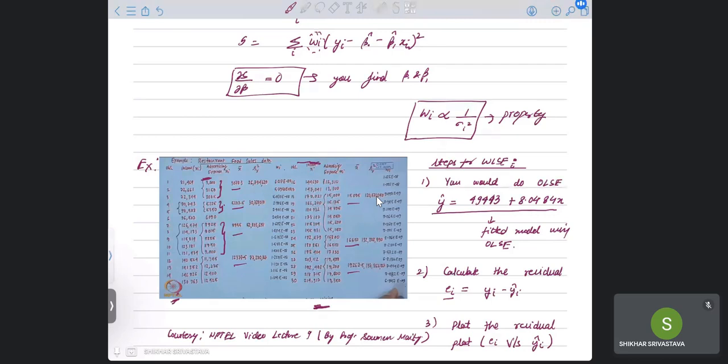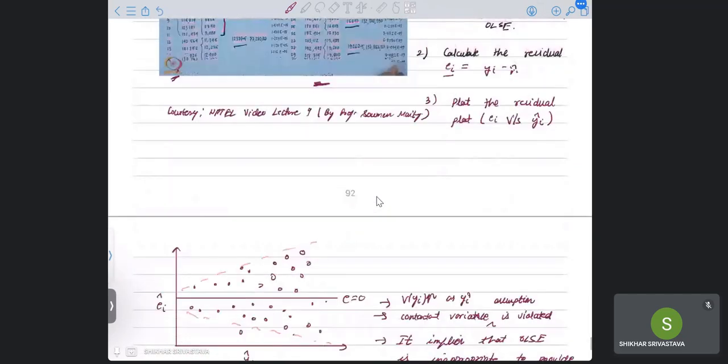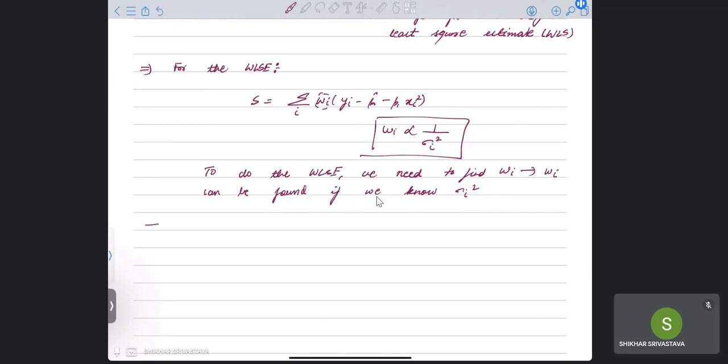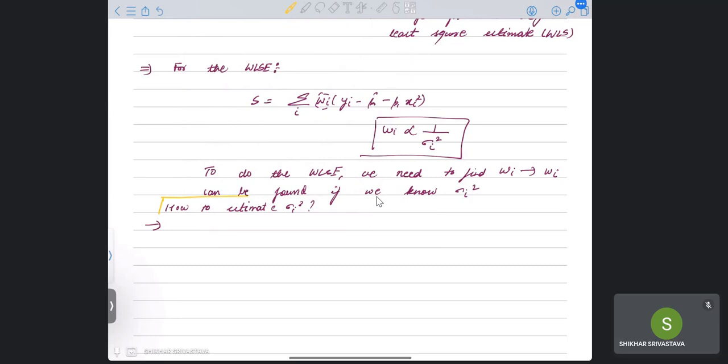After that, we will compute the sample variance sy square for the corresponding y values. For example, we'll take these three values and calculate the sample variance. So what is sample variance? I will write how to estimate sigma square. This is the question: how to estimate sigma square.